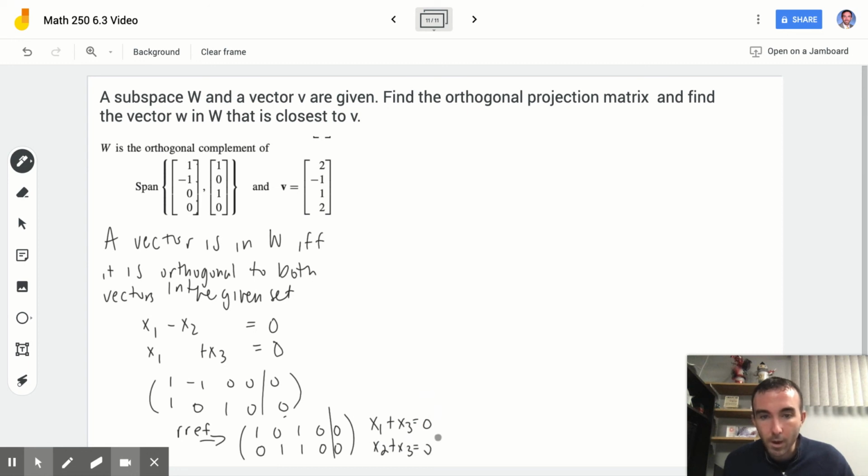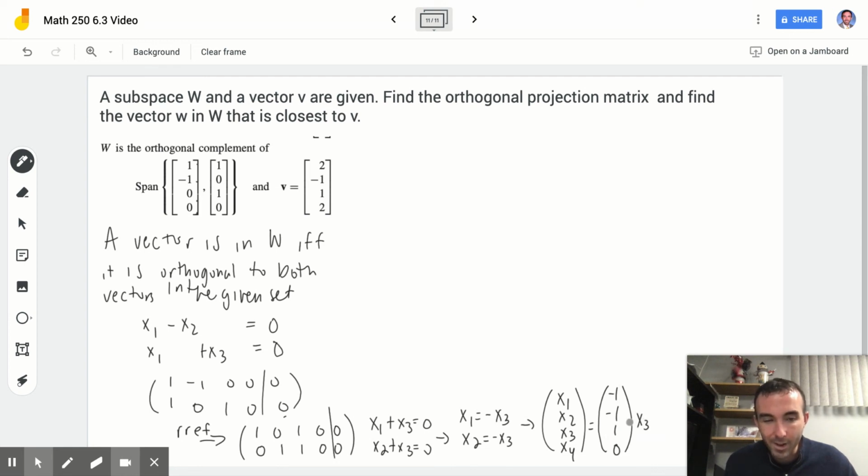So if I write it out using the general form, it looks like my free variable here is x3, and x4 is free also to be whatever it would like. So x1 equals negative 1 x3, x2 equals negative 1 x3, x3 is itself, and no word on x4, so I can put that there.